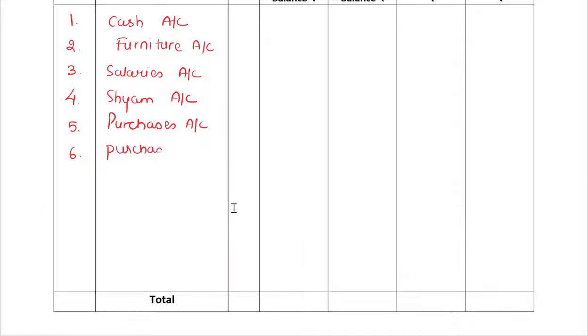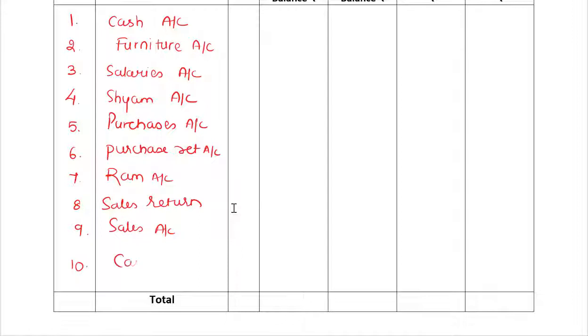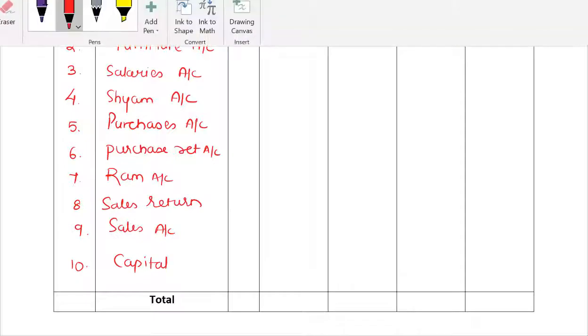So we have cash account, furniture account, salaries account, then Shyam account, purchases account, purchase return account, Ram account, sales return account, sales account, and at last capital account.